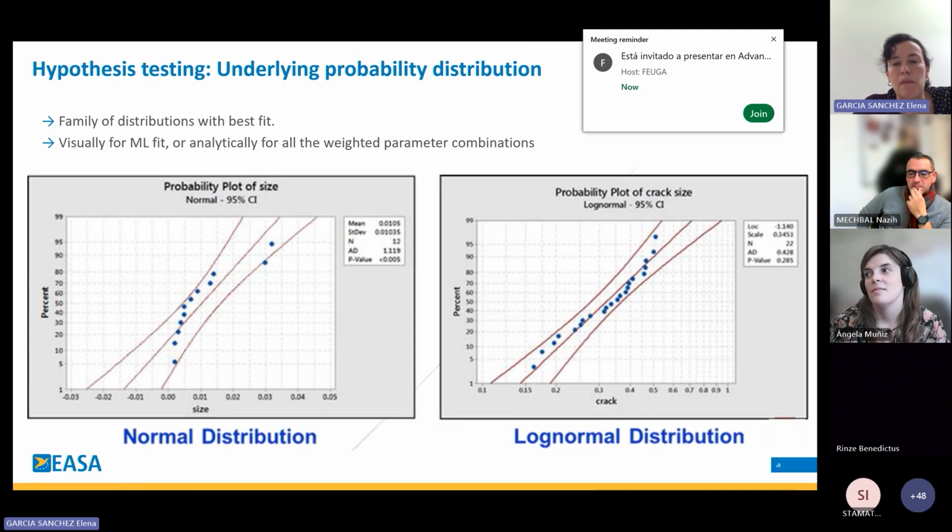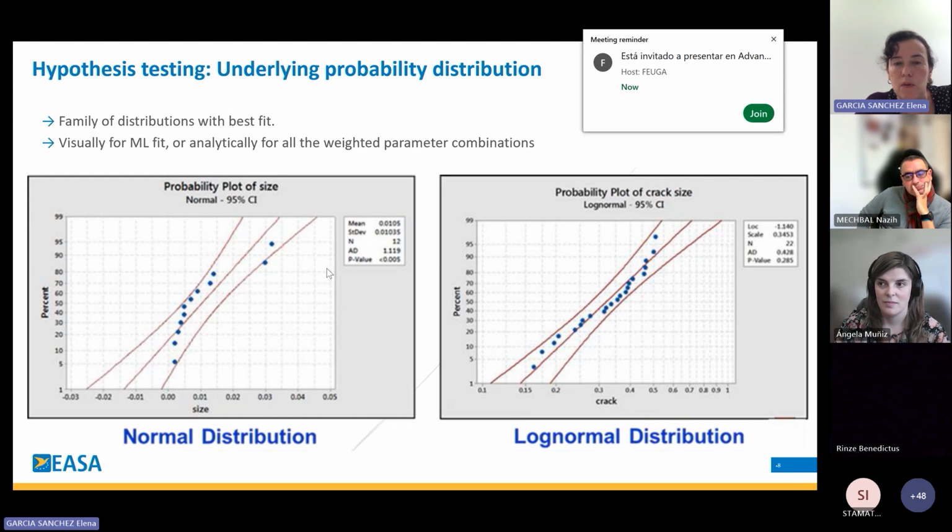When you use a parametric model, it means that you are assuming a shape of the probability distribution. So then there is the step of hypothesis testing, which is choosing which probability distribution it came from, and looking for the family of distributions that has the best fit. In this case, the best fit was a normal distribution.